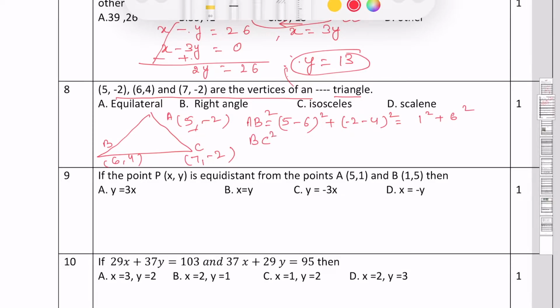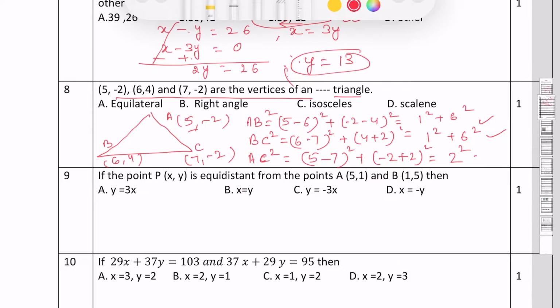If we find out BC square, it is 6 minus 7, that is 1 square, then 4 plus 2 square, that is 1 square plus 6 square. Again these two are equal. Let me see what the third side is. AC is 5 minus 7, that is 2 square, and minus 2 plus 2 square, that is 2 square, so 4. So we see that two sides are equal, so it is an isosceles triangle.